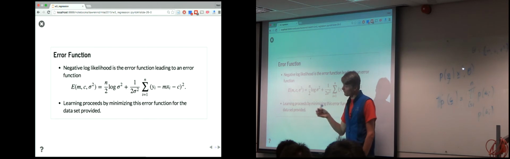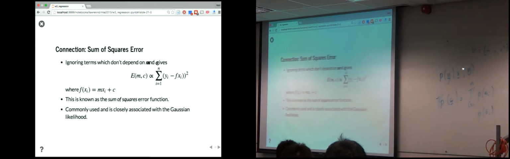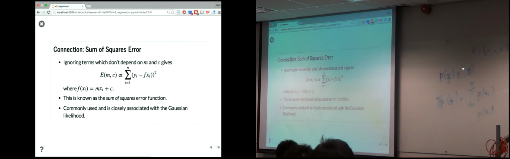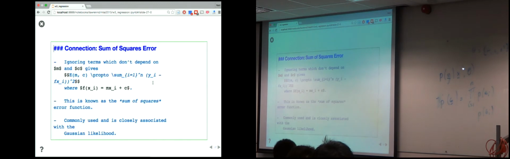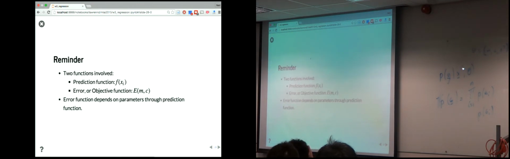Now there's an additional parameter. But what we're not going to do is look at the gradient descent. That's the sum of squares connection. So this is what you did sort of last time.